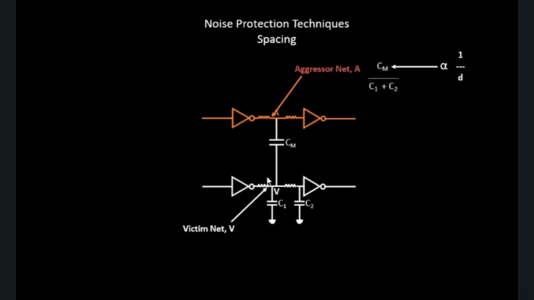The mutual coupling capacitance between the aggressor and the victim is inversely proportional to the distance between them. And as a result, if you increase your distance, you reduce your mutual coupling capacitance, and once you reduce it, there will be very little coupling happening between the aggressor and the victim, and you save this particular net from getting affected by any of the switching activity happening on the aggressor.